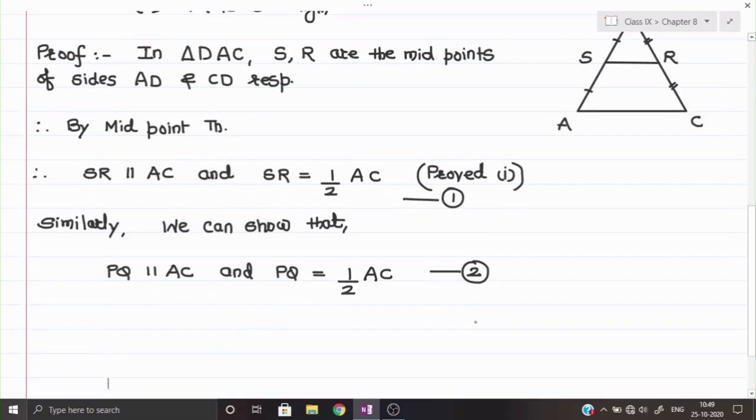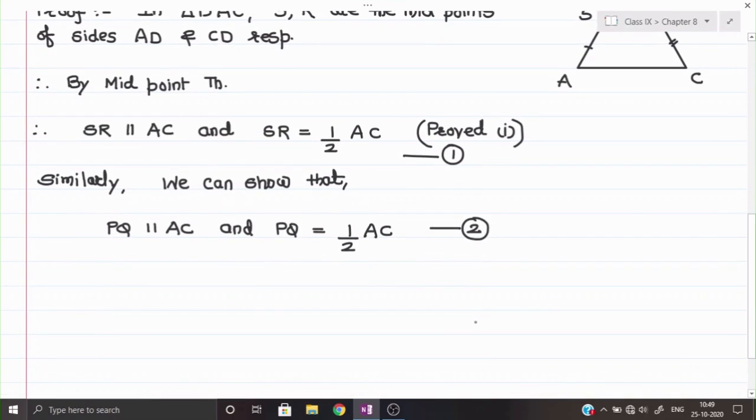Now look at equations 1 and 2 carefully. SR is parallel to AC and PQ is also parallel to AC. We know that if two sides are parallel to the same side, then they are parallel to each other. So PQ and SR will also be parallel. Similarly, observe PQ and SR both are half of AC.